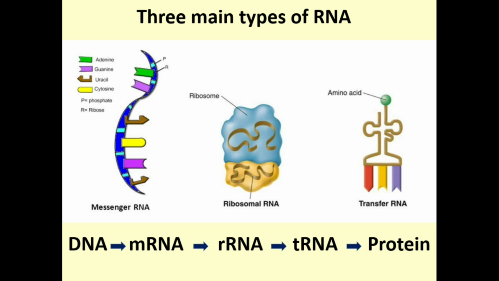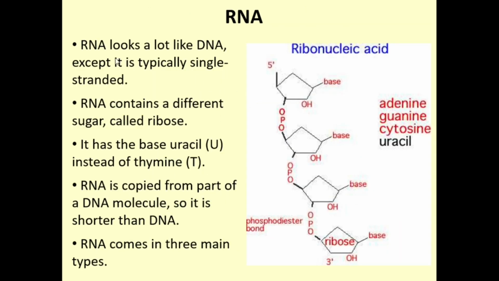Okay, so that's basically RNA. It's a lot like DNA, although if we go back, we can see that it's single-stranded typically. It has a different sugar, so the sugar is called ribose instead of deoxyribose. One of the nucleotides has a different nitrogenous base, so we have uracil instead of thymine.